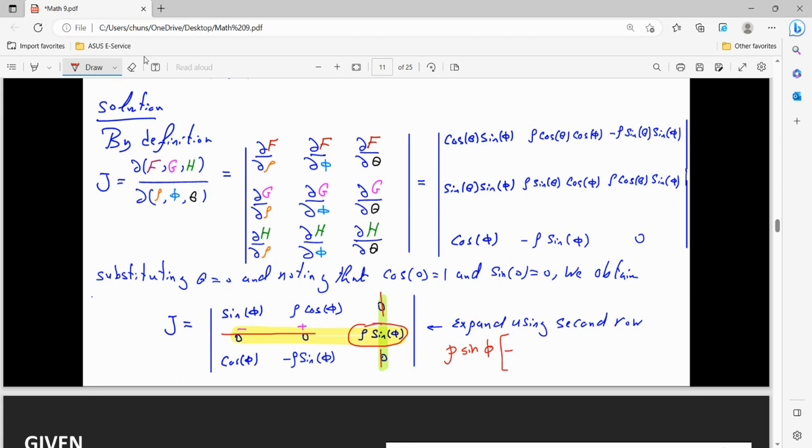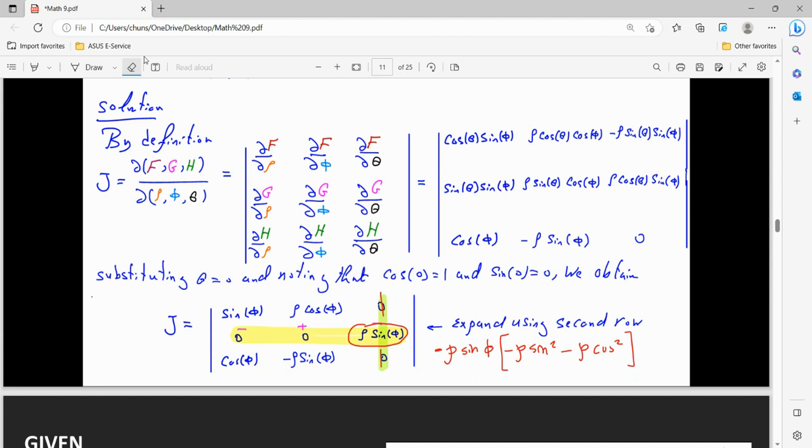So this is negative rho sine squared, and this is minus rho cos squared. And this is negative because we're using the second row. If we use a column, the signs go positive, negative, positive, just like the rows go positive, negative, positive when we're using that coefficient.